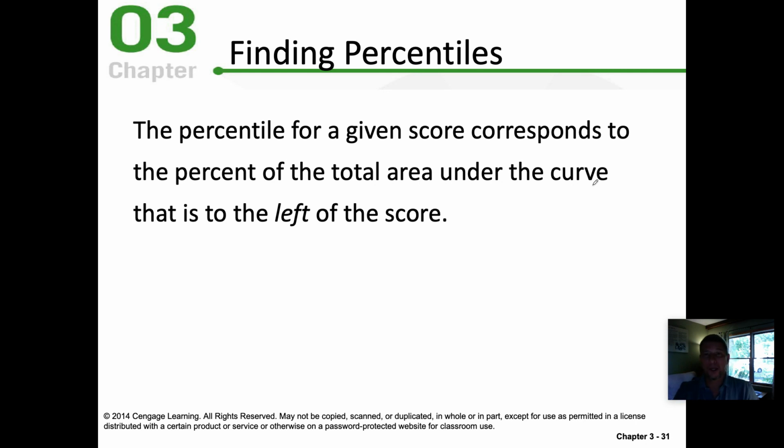And so a percentile is everything underneath that particular score. Depending upon what your distribution looks like, you can find different percentiles and different ways to calculate those. But again, the percentile for a given score corresponds to the percent of the total area under the curve to the left of that score.